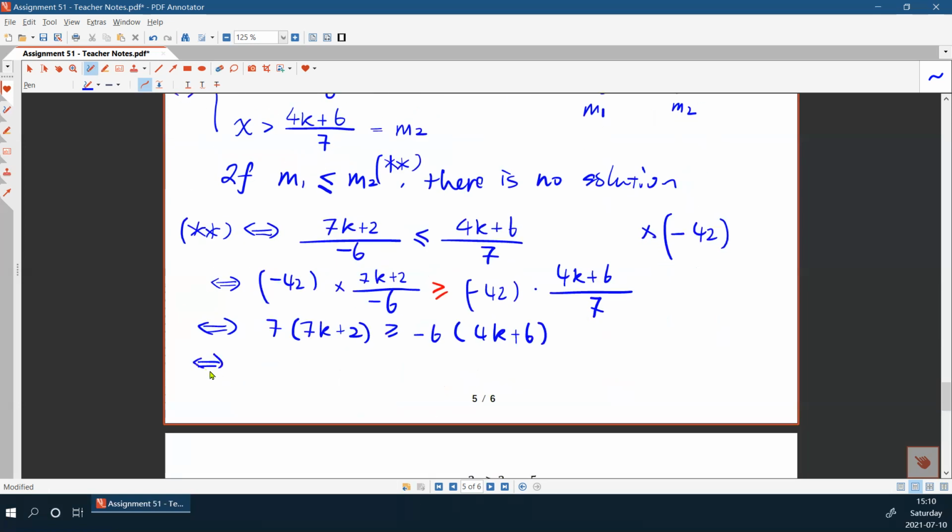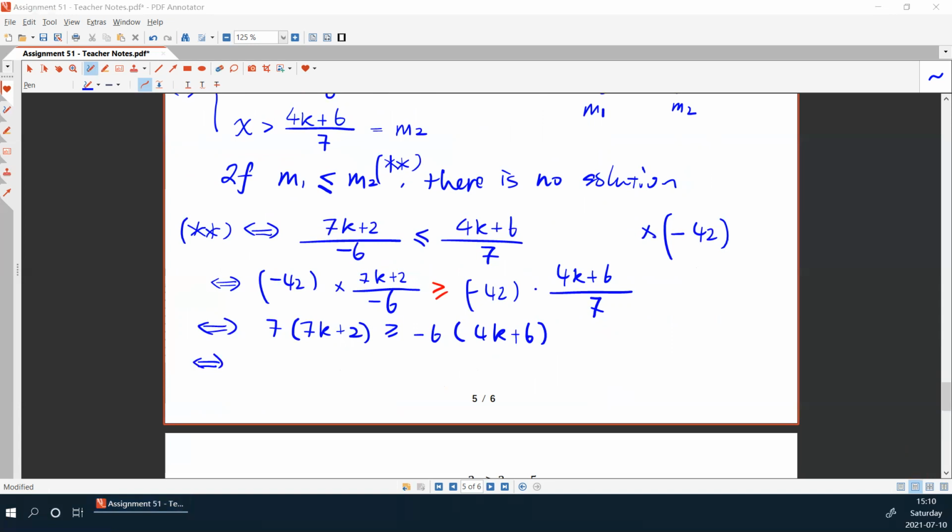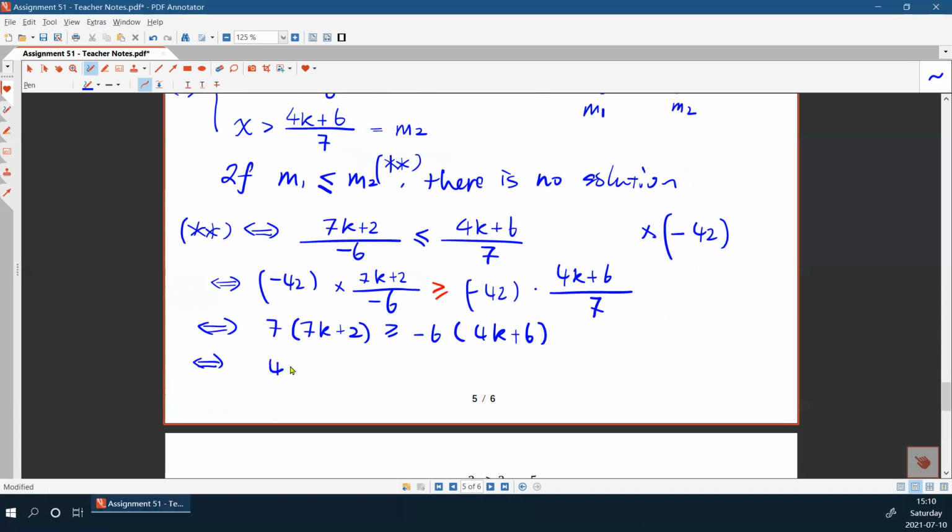And this is equivalent to 49k plus 14 greater than or equal to minus 24k minus 36, which is equivalent to 73k greater than or equal to minus 50, right? So k should be greater than or equal to minus 50 over 73, right?